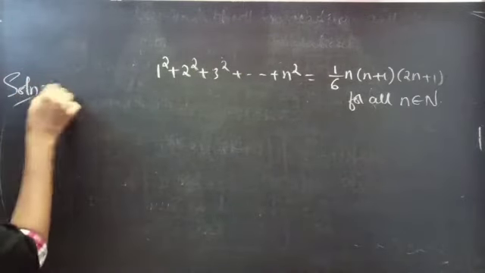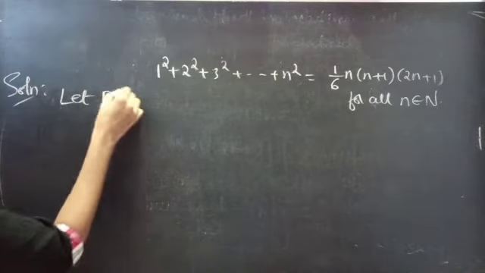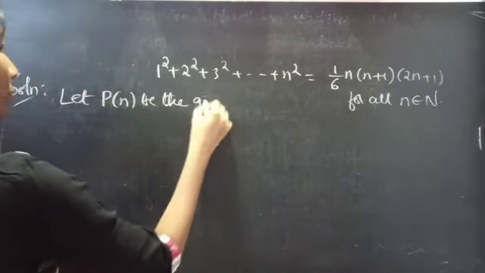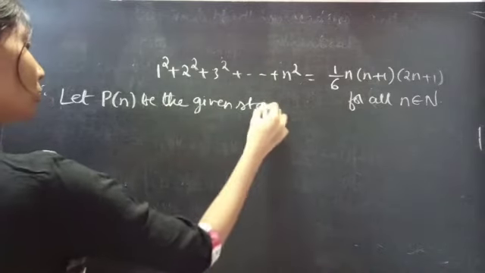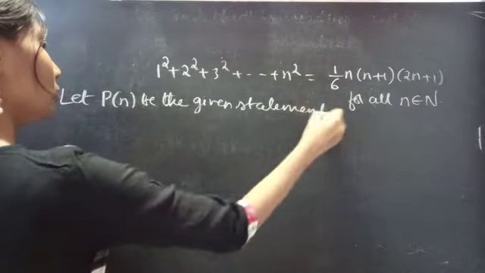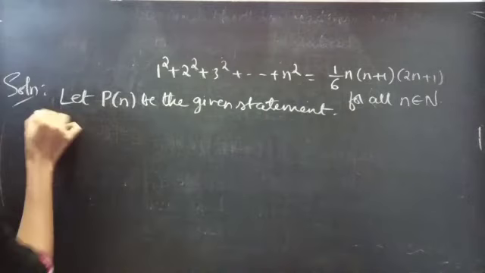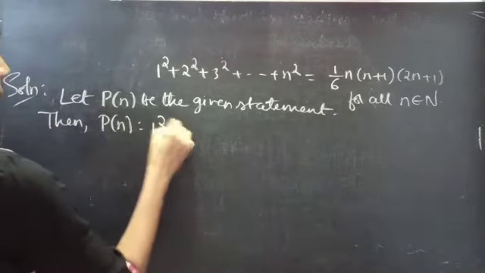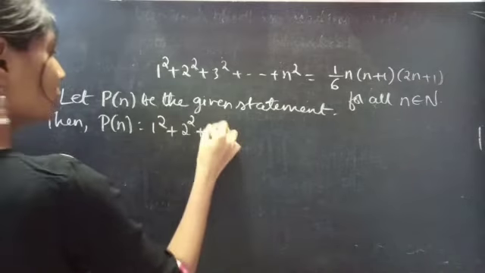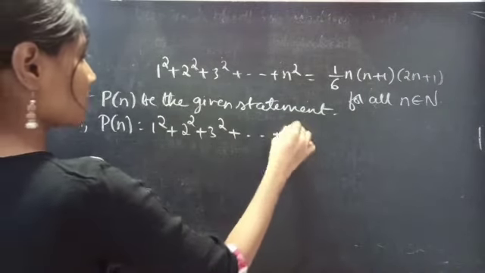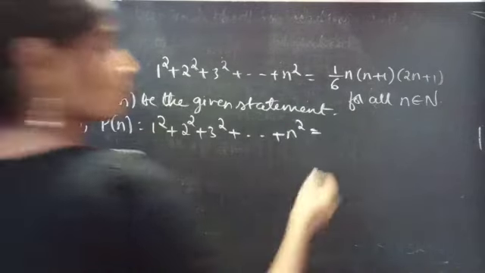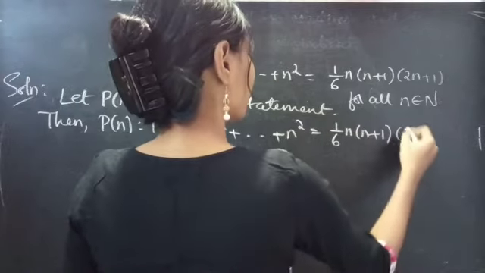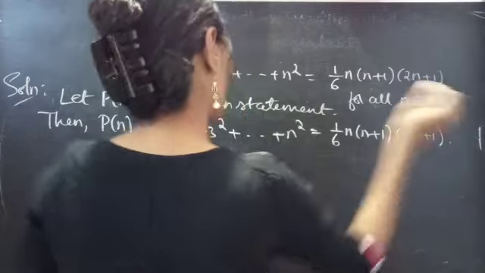Solution. Let P of n be the given statement. Then P of n is such that 1 square, first term, second term, third term, plus so on, plus nth term equals RHS.